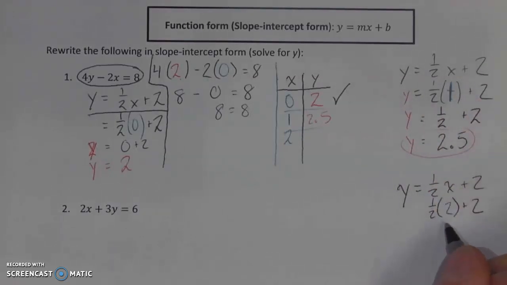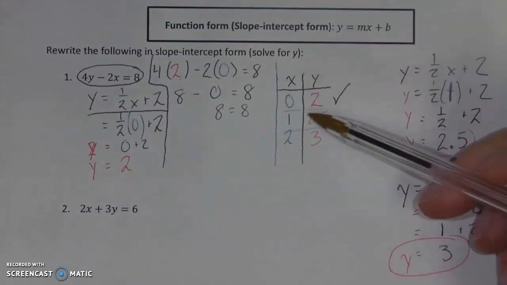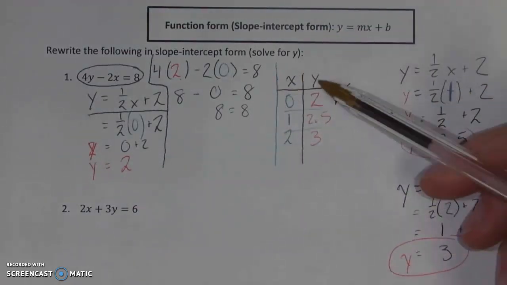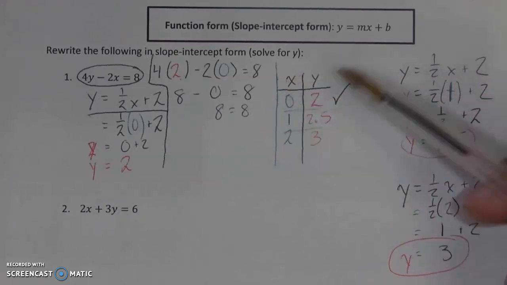Well, 1/2 times 2 is just 1. 1 plus 2 is 3. Therefore, in this case, y is equal to 3. And therefore, I have 3 points in an xy chart that satisfy this equation.